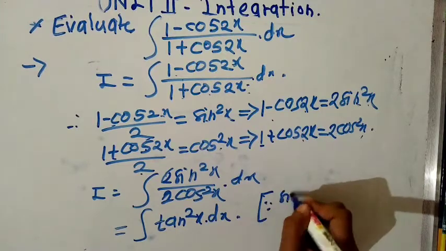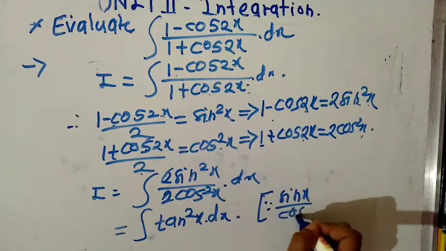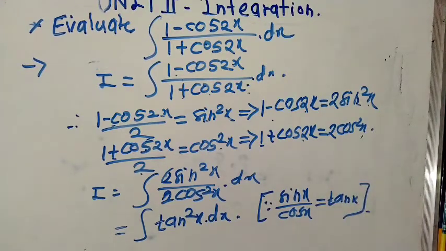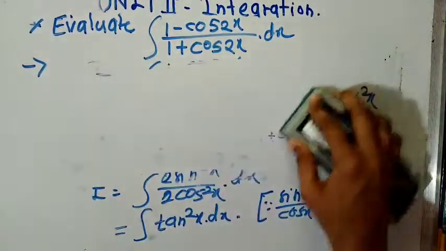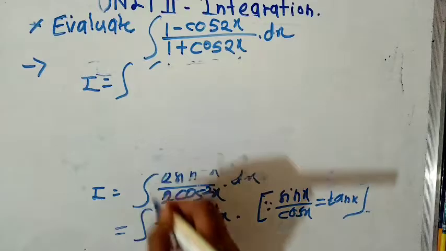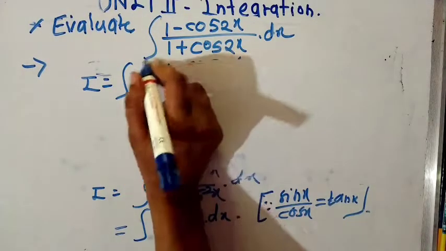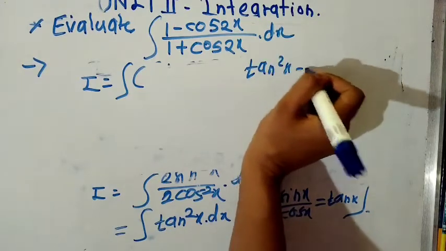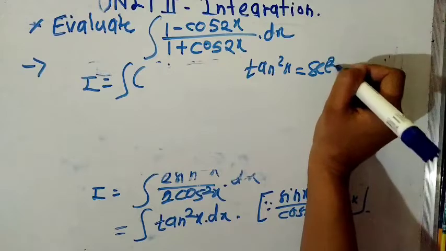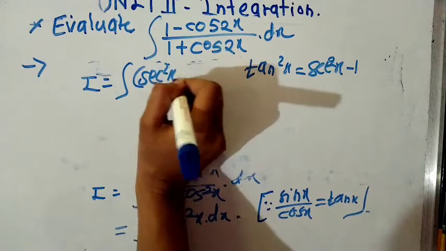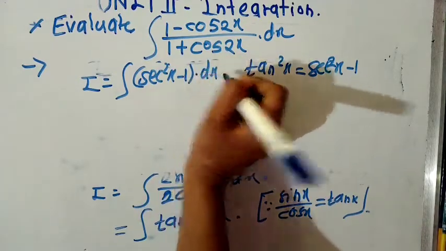Since sin x upon cos x is equal to tan x, but tan square x is equal to sec square x minus 1. So integration of sec square x minus 1 into dx.